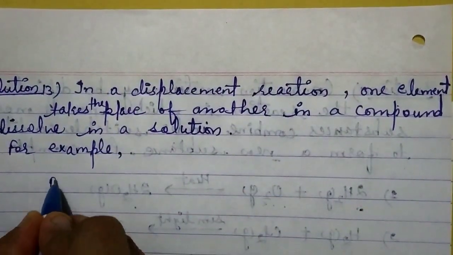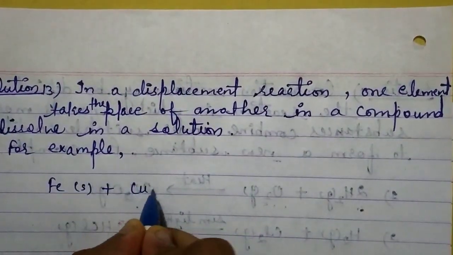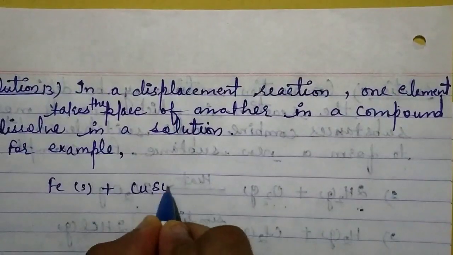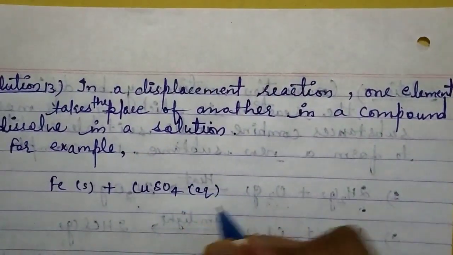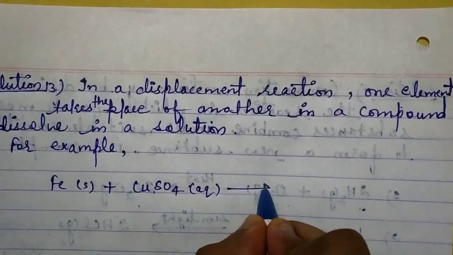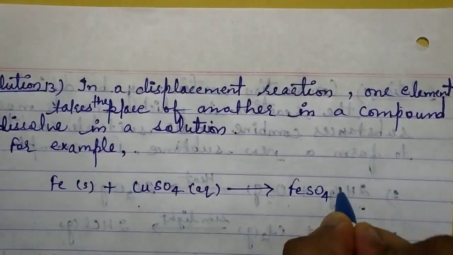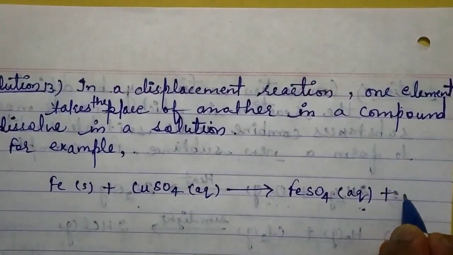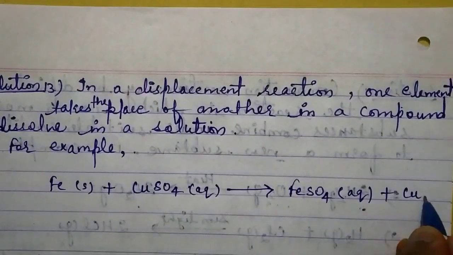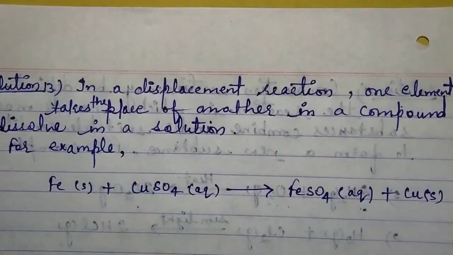let us take iron Fe, it is a solid, when react with copper CuSO4. Okay, it is an aqueous salt, give rise to FeSO4. It is aqueous plus copper here removed by iron.